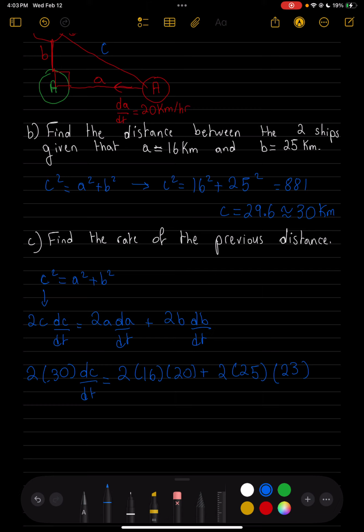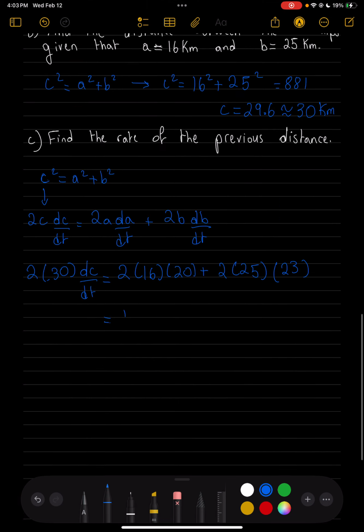So give me some time to plug this in on a calculator. So 2 times 16 times 20 plus 2 times 25 times 23, which is going to be 1,790. So all of this is going to be 1,790. And 2 times 30 is going to be 60 dC over dt.